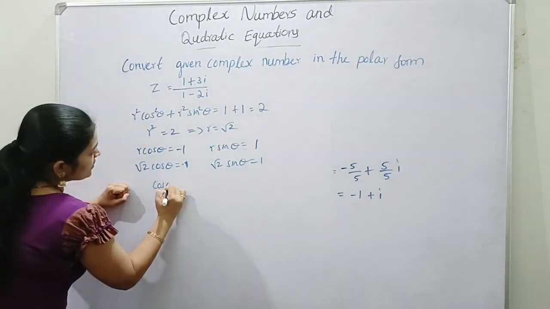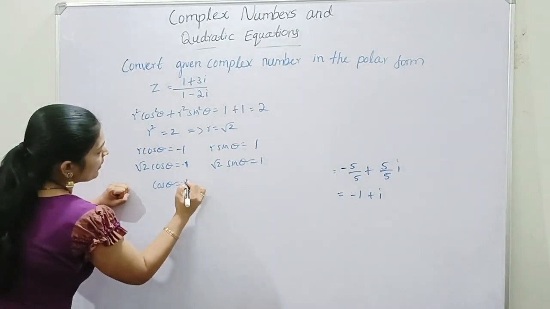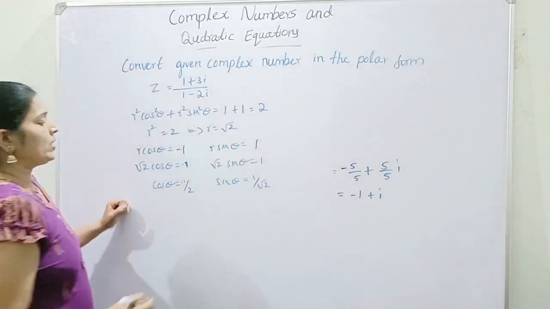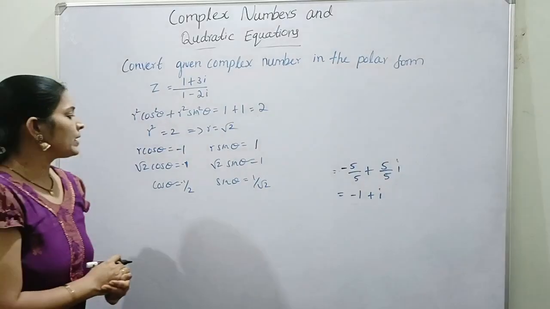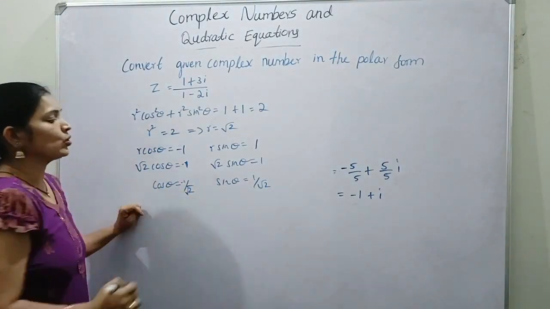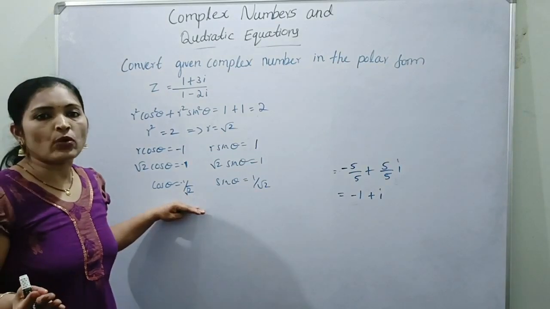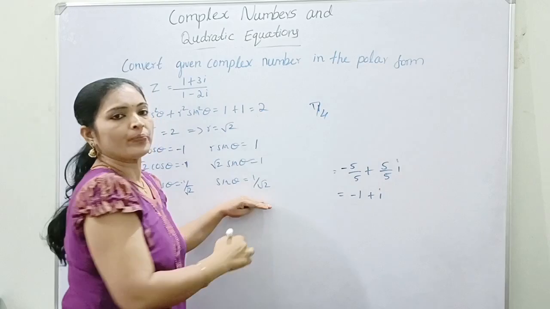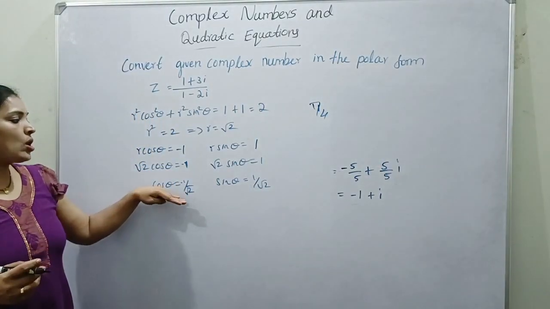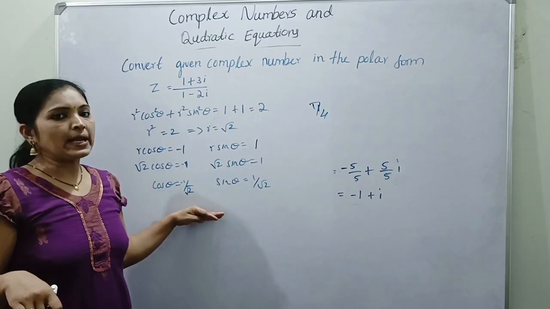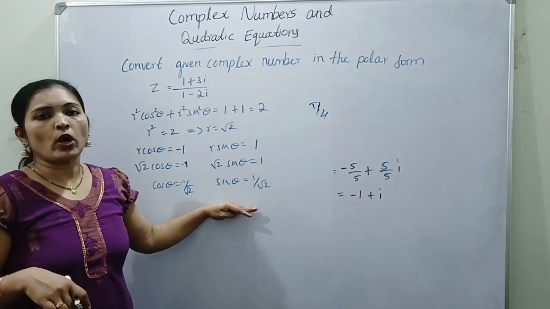That is, cos θ = -1/√2 and sin θ = 1/√2. See here, cos π/4 is 1/√2 and sin π/4 is 1/√2, so the reference angle is π/4. Then look at the signs. Cos is negative and sin is positive. Where is cos negative? In the second quadrant.